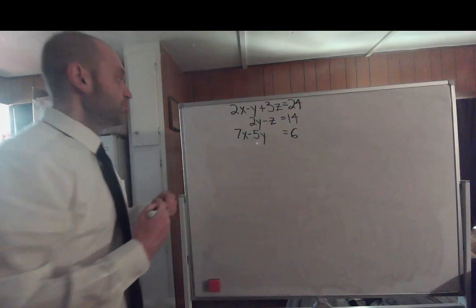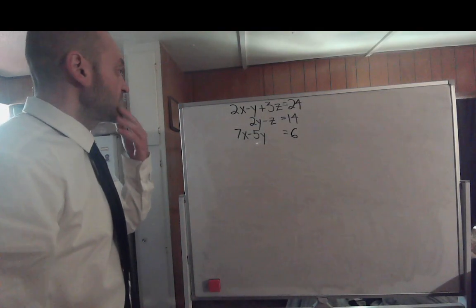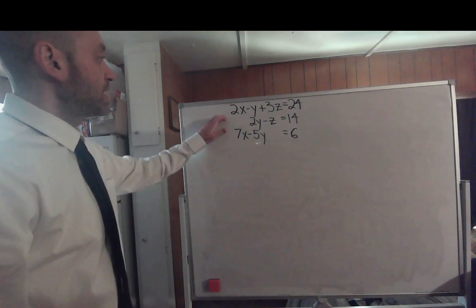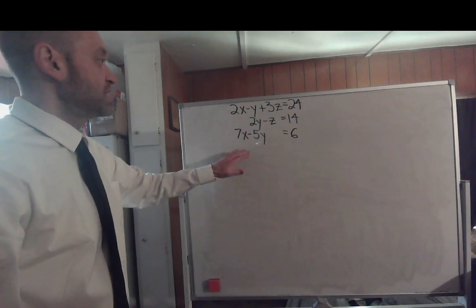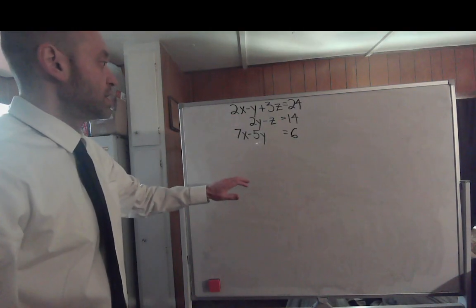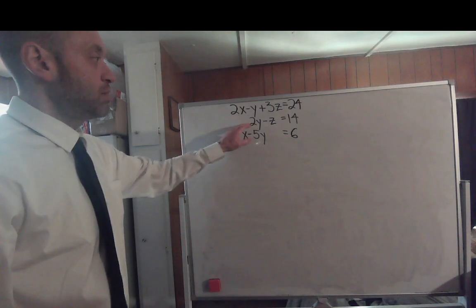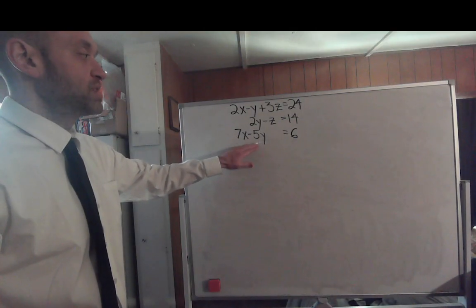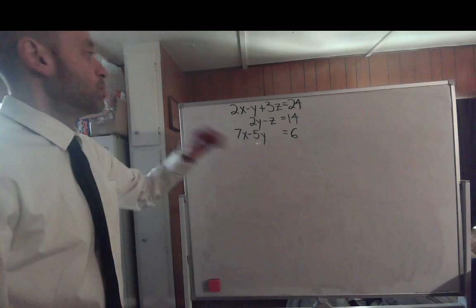This one's a little bit messy, but that's okay. So we have 2x minus y plus 3z equals 24. 2y minus z equals 14. 7x minus 5y equals 6.